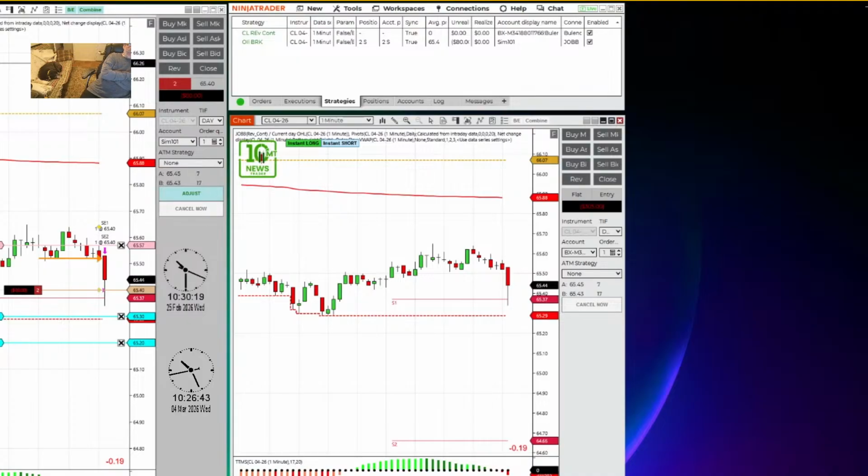Hezbollah says they targeted a Tel Aviv military site. Right there. And oil just heads down.